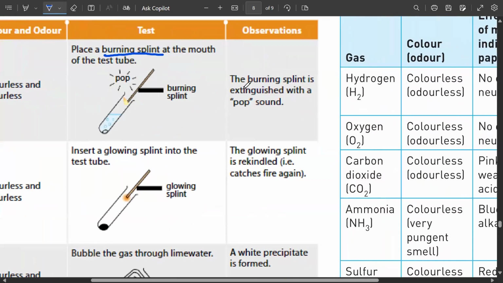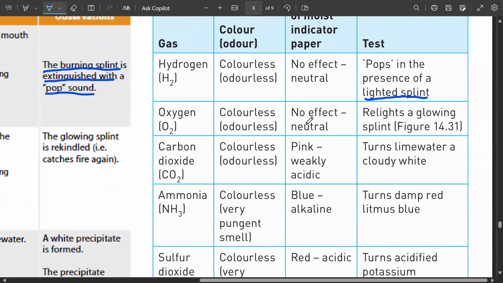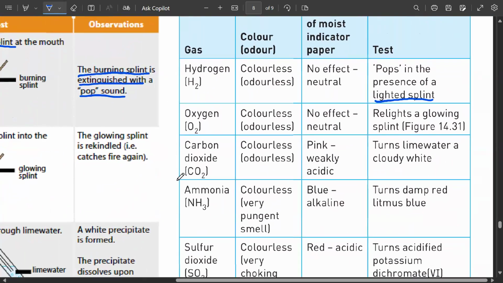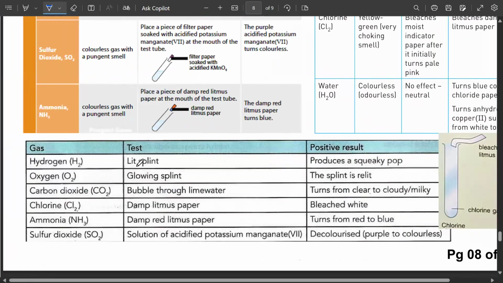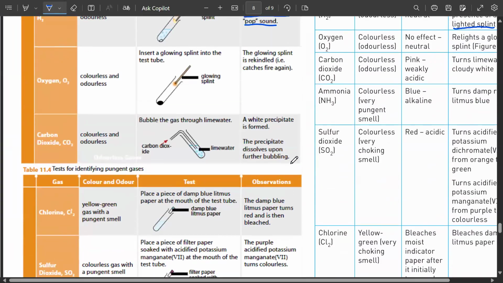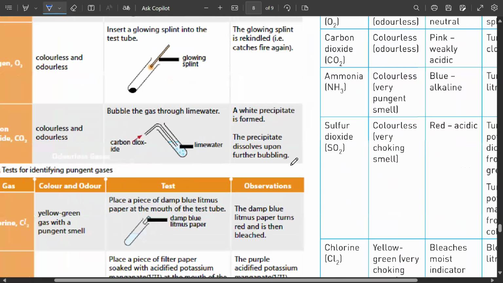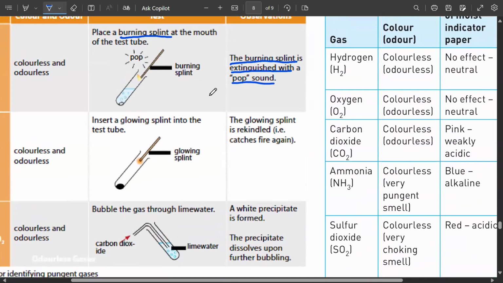So that's the observation. The burning splint is extinguished with a pop sound or just pops, or you can also say a squeaky pop sound. A lit splint gives a squeaky pop sound along with extinguishing. So you can use any words over here. It extinguishes and gives a squeaky pop sound or just pop sound.